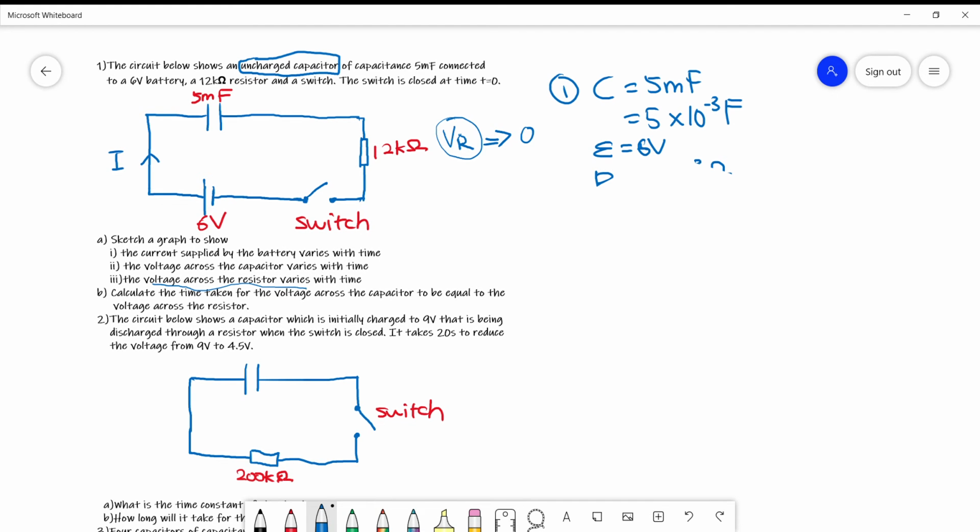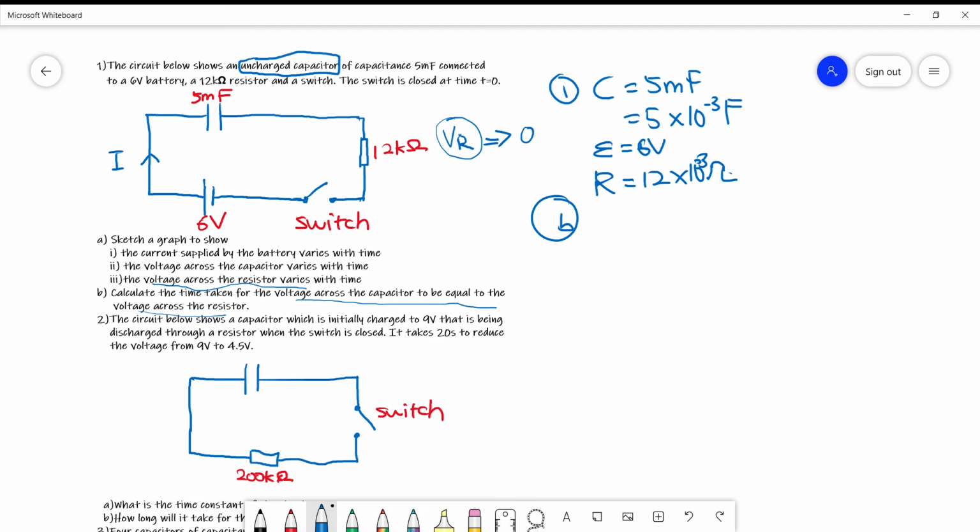Basically this one is the resistor. So my resistor is 12 times 10 to the power of 3 ohm. For question B, calculate the time taken for the voltage across the capacitor to be equal to the voltage across the resistor.